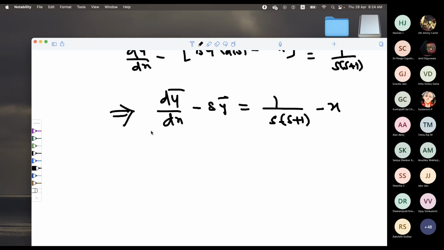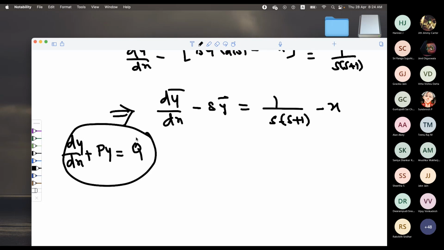So if you look at this equation, it is of the form dy by dx plus p y equals q. Let us assume that the form of this equation is dy by dx plus p y equals q. So it's a first order linear differential equation.